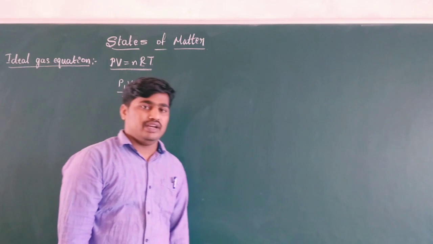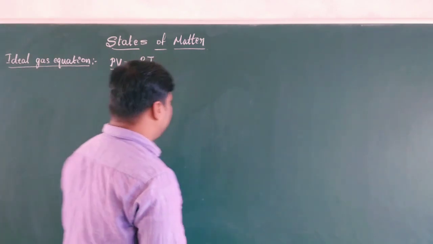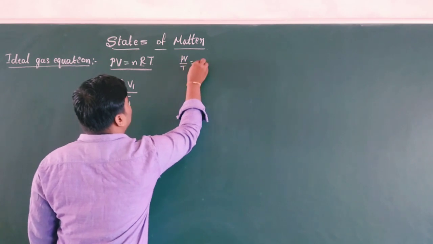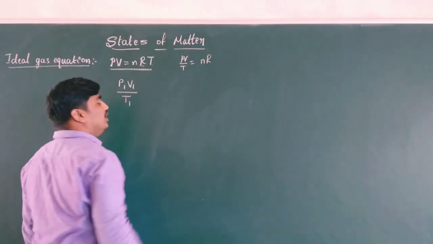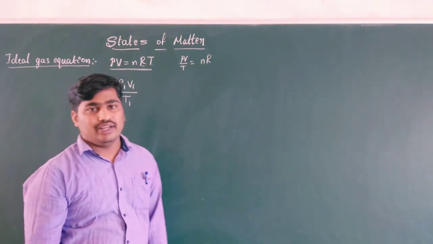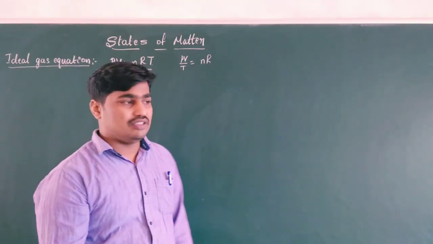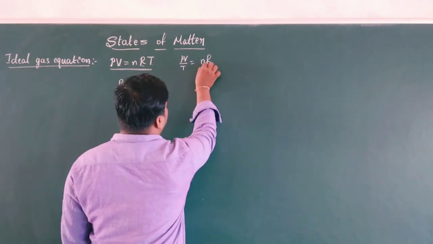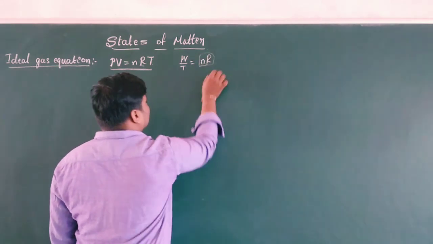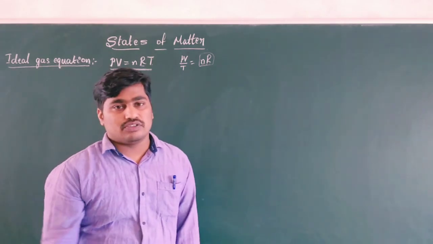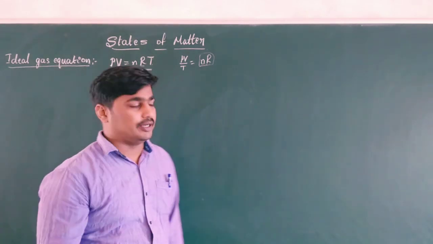From this equation, PV by T is equal to nR for a given gas. For a given gas, the amount of substance remains constant, and R is constant. The whole thing becomes constant, so PV by T is equal to a constant.